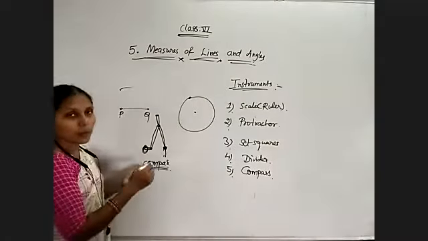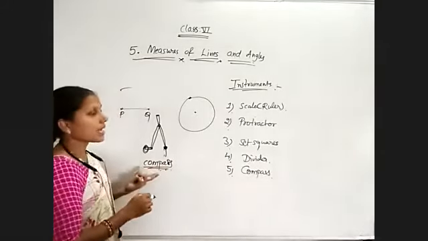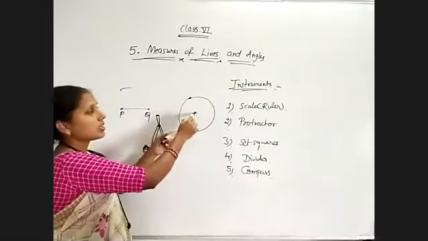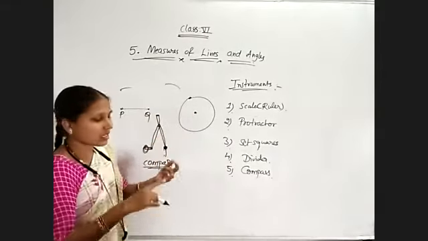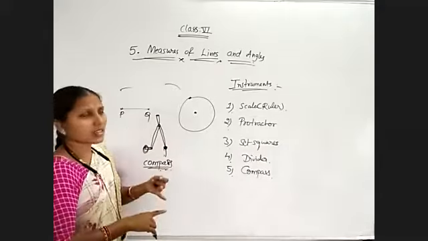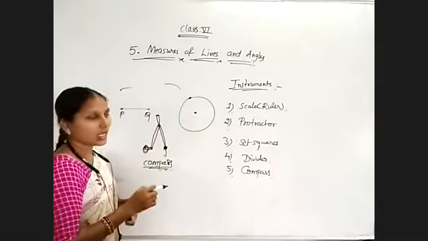Now, why do we use the compass? The compass is used to draw circular shapes, and wherever we need to construct triangles, quadrilaterals, or any shape, we have to use a compass.